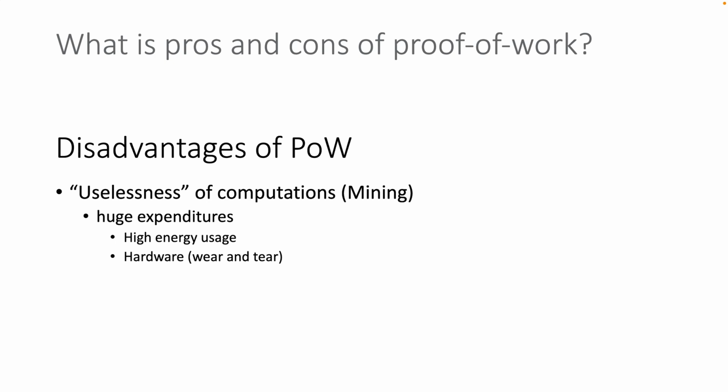The energy usage is very high, and mining causes wear and tear to hardware, right? However, this calculation is not applicable anywhere else. It cannot be applied to business, science, or any other field. So we call it uselessness of computations.